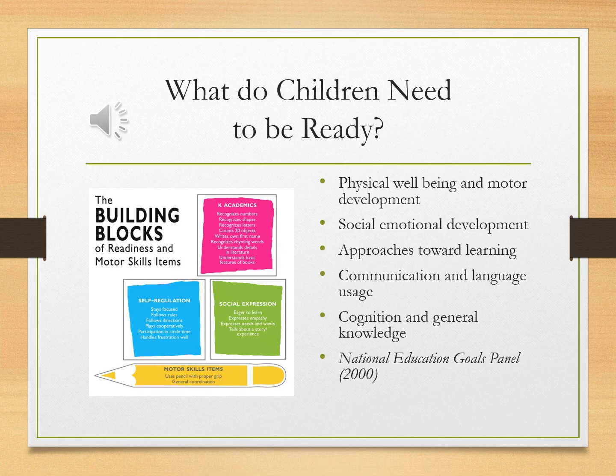The self-regulatory would be the social emotional development and the approaches to learning. There's the motor skills in there, not necessarily physical well-being, but at least fine motor. And then we've got some social expression, so being able to communicate well with others and having healthy social emotional development. So those would be the better definitions of readiness, again, ones that are more broad-based.